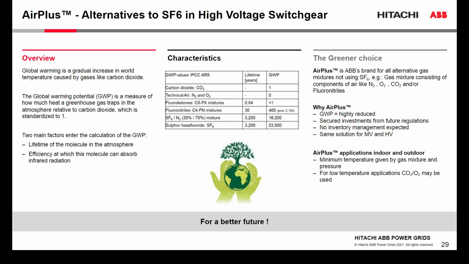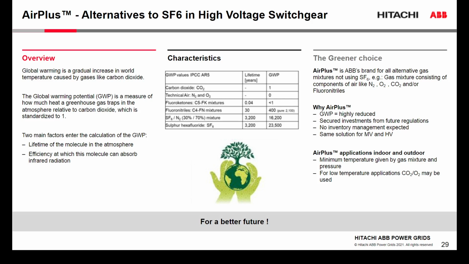And that is, of course, an aspect which we should not forget and should be very, very careful with handling this gas. To reduce the amount of SF6 which is stored within the technology, within the GIS equipment, there are ways to reduce that amount of gas by using different gas mixtures.